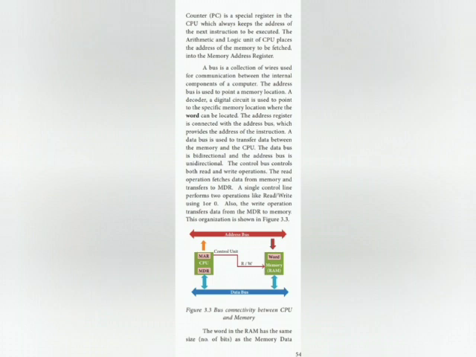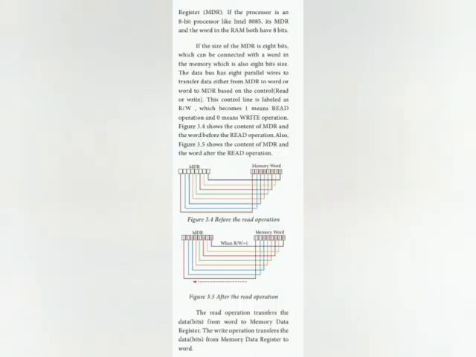Also, the write operation transfers data from the memory data register to memory. The word in the RAM has the same size as the memory data register. If the processor is an 8-bit processor like Intel 8085, the memory data register and the word in the RAM both have 8 bits.